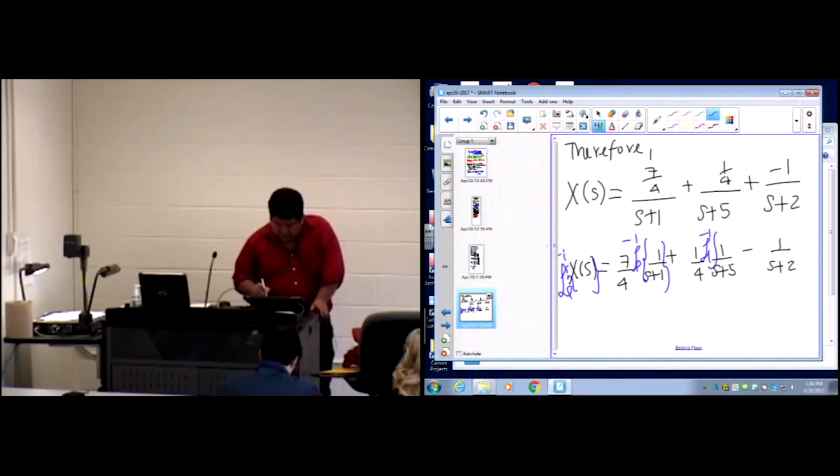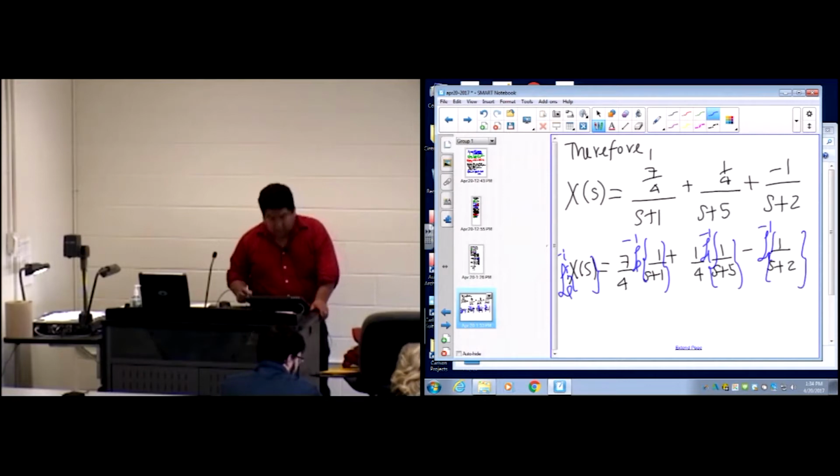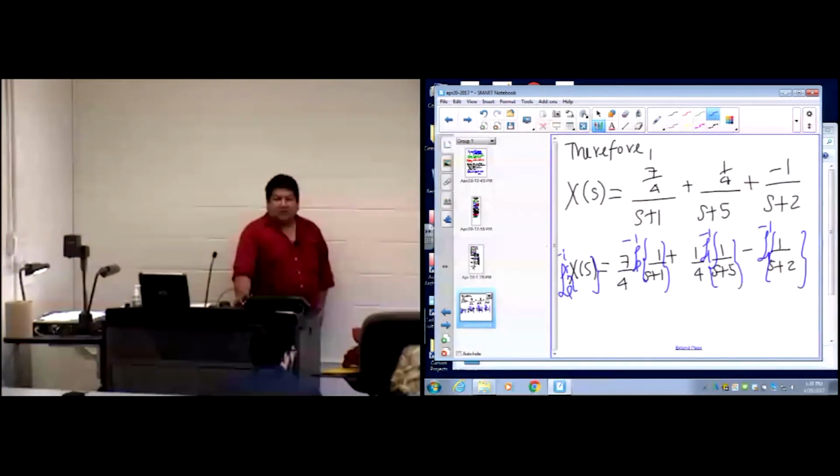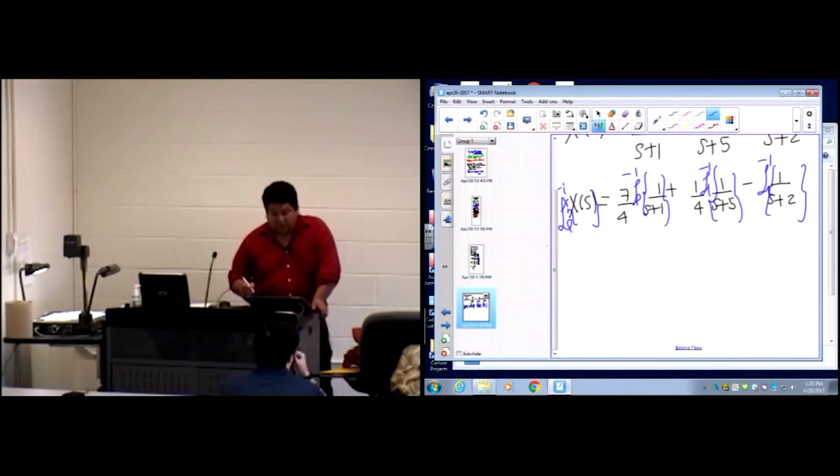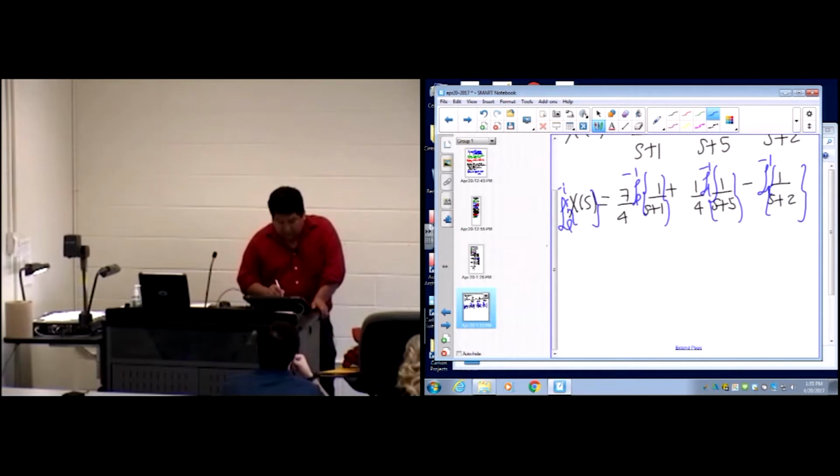The inverse Laplace transform of big X would be little x of t. Here we have 7/4 times the inverse Laplace transform of 1 over S plus 1, so that would give us e to the minus 1t.